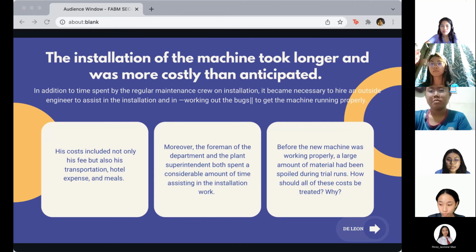Under their own company's salary range structure, they have their own salary requirements. It should be Halave as the company's owner, and workers such as the maintenance crew, foreman, and plant superintendent are employed by Halave's company, and they have costs to pay to the outside engineer that their company hired for machine installation.